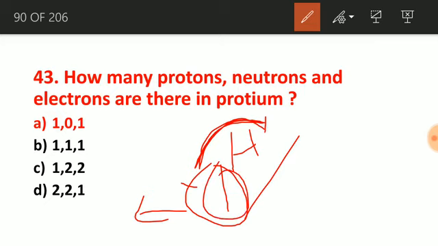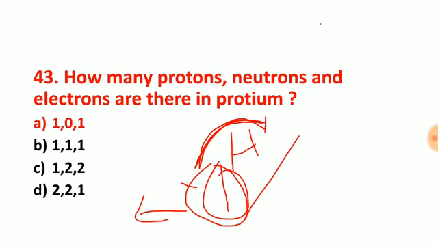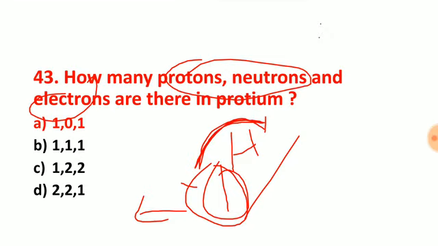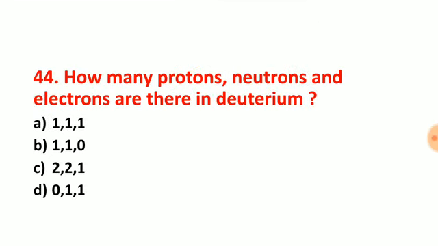Proton is 1, neutron is 0 and electron is 1. That is in option choice A. So option choice A is the correct answer for question number 43. We need to write in this pattern: first proton, then neutron, and then electron.